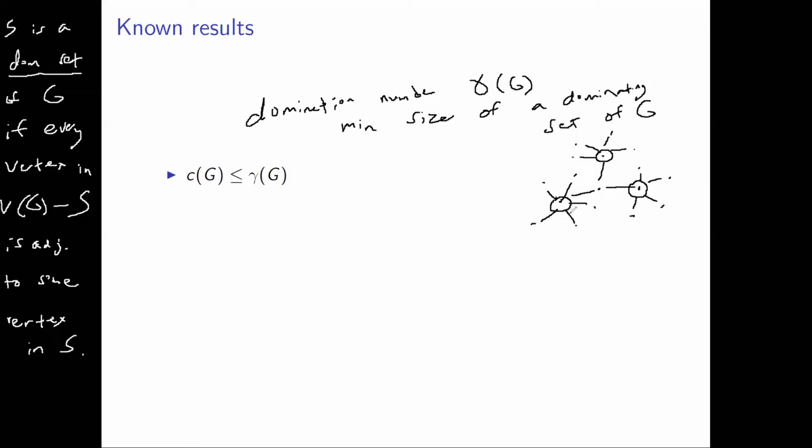Now, if I want to play the cop versus robber game on this graph, I can take that dominating set and I can just place a cop at each of those vertices. So a C there, a C there, and a C there.